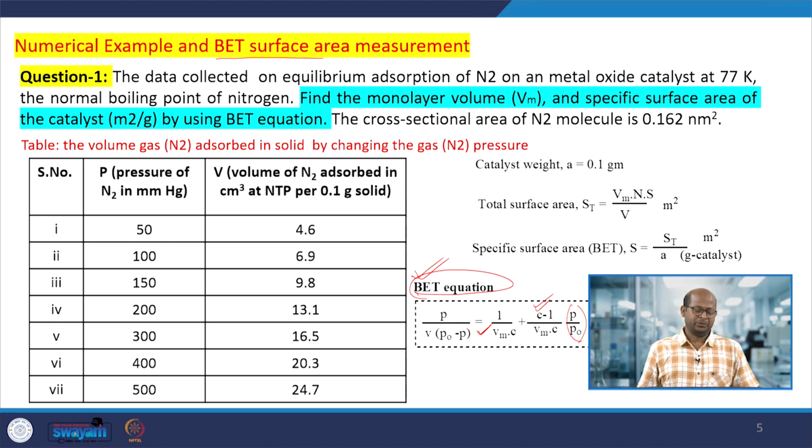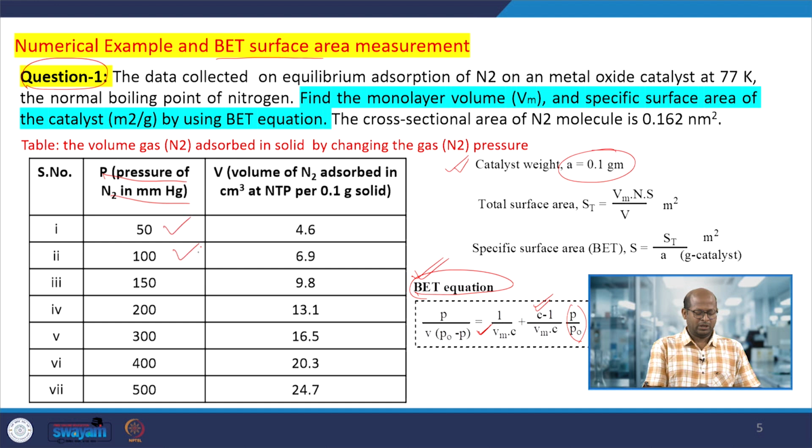When we do the experiments, we have to put the sample in a quartz tube in that particular experimental setup, where we can put a known quantity of the sample. In this particular question, the catalyst or material weight that we have taken is 0.1 grams, and then nitrogen gas is introduced by changing partial pressures.